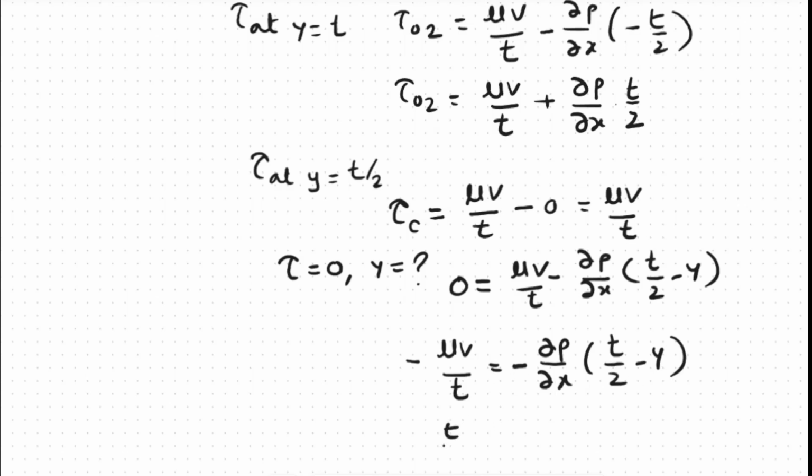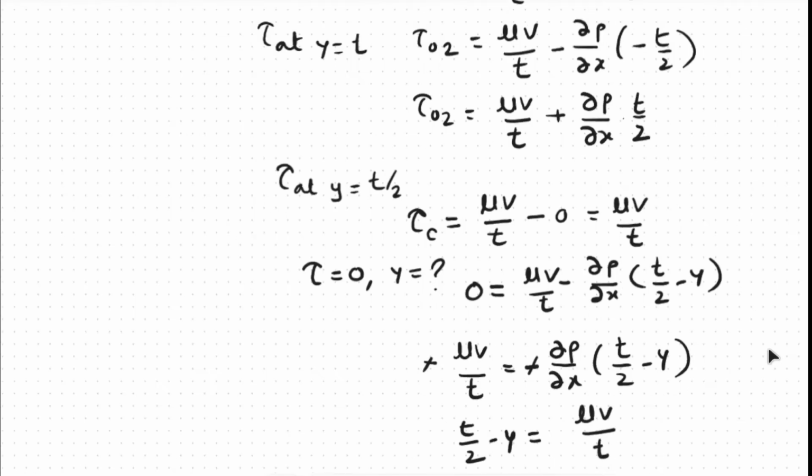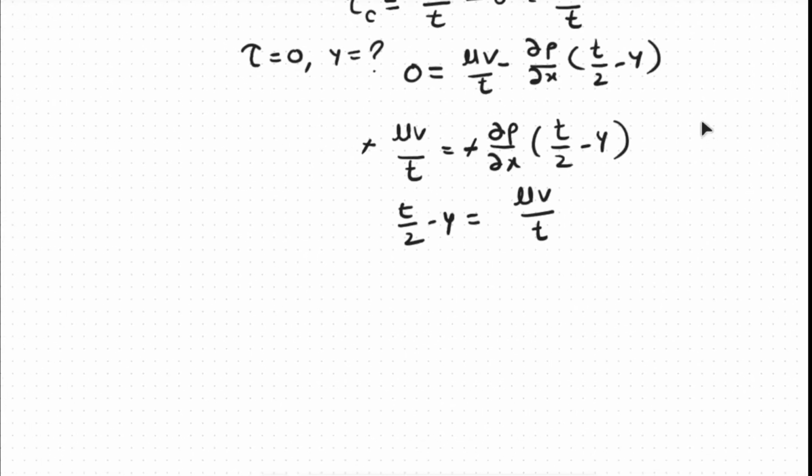So t by 2 minus y is equal to, this minus will get cancelled out, mu V by t into 1 upon delta p by delta x.